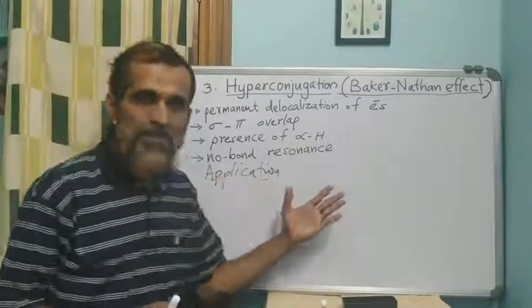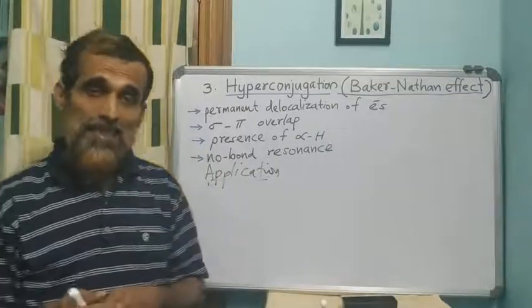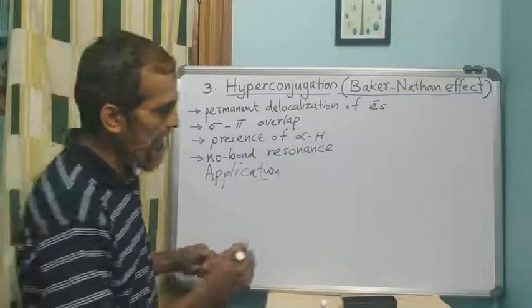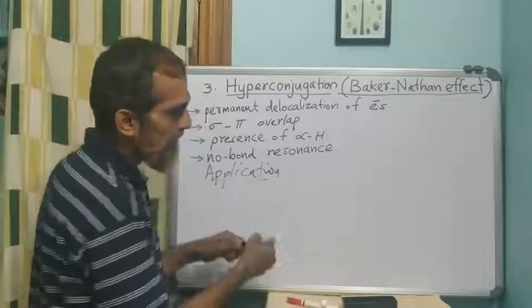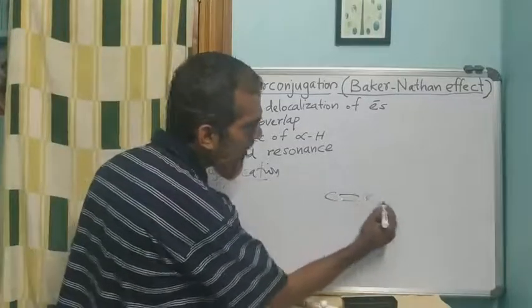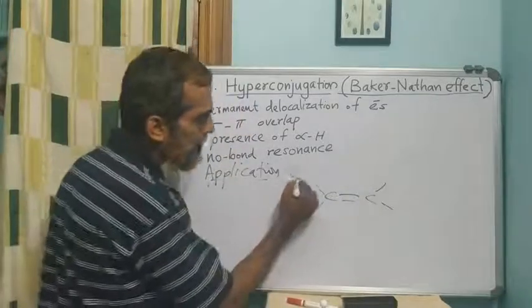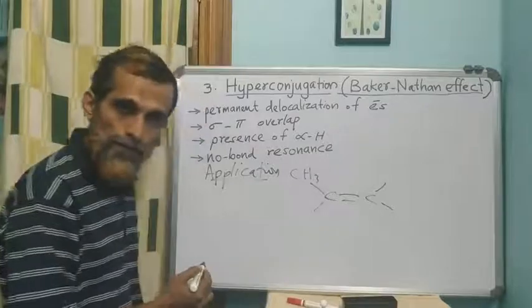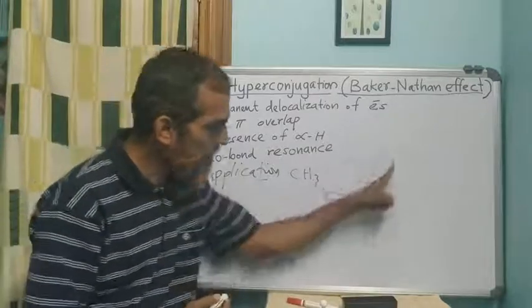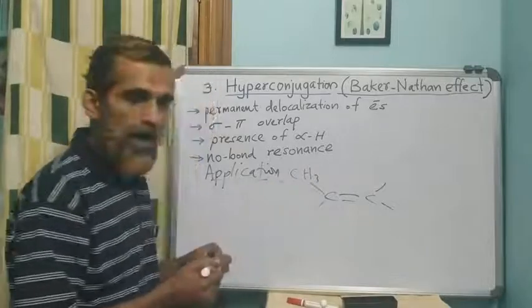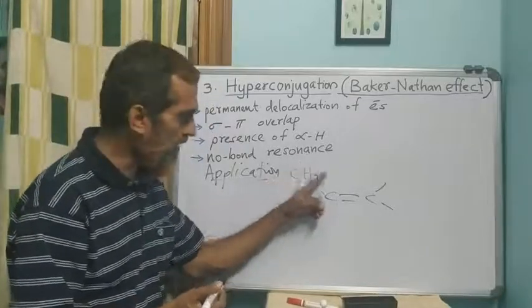Similar to this example, if you consider the stability of various alkenes, you can see that when the carbon-carbon double bond gets more substituted with methyl groups, for example, if this is CH3 and these others are only H, with 1 methyl group there are 3 alpha hydrogens.